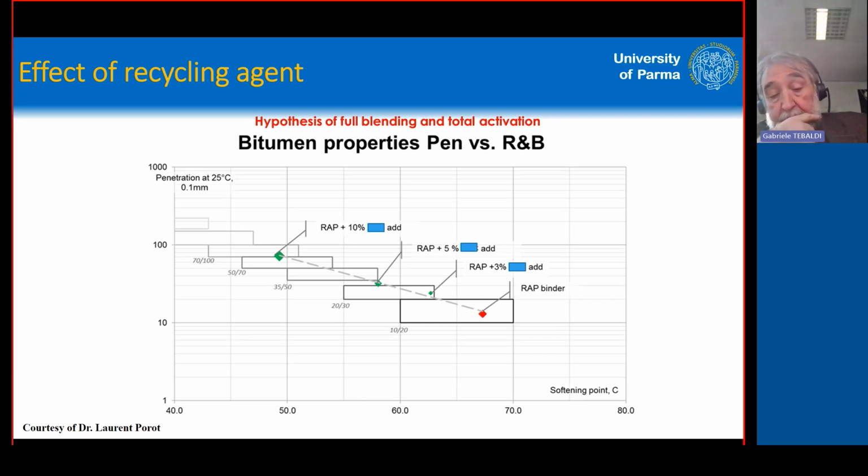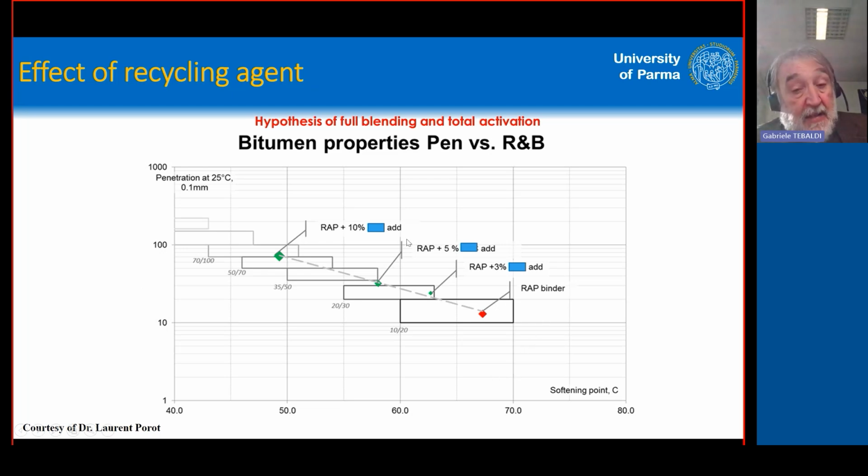This kind of evolution in terms of softening point and penetration point, in my opinion, is a little bit empirical, but is extremely important to keep in mind. Why?